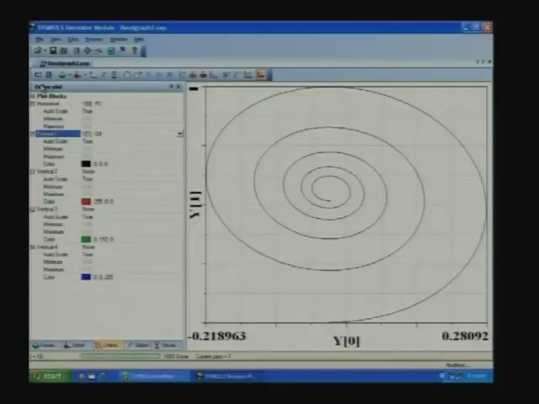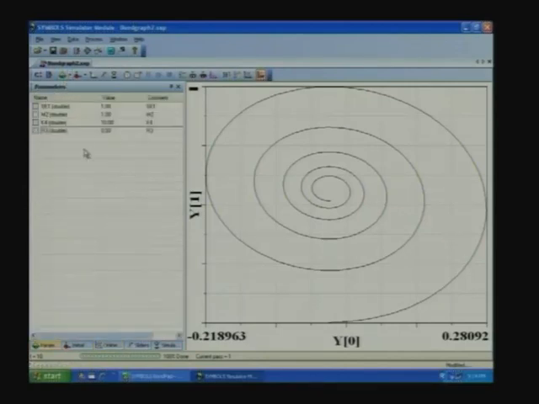So, we will set the parameters again. M2 was 1, which is L is 1. K4 would be 0.25, yes. And R would be 1.